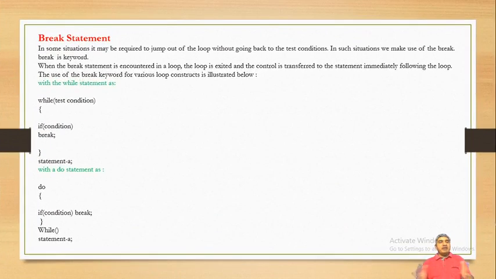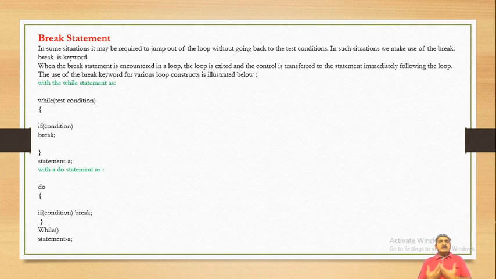Now the break statement. In some situations, it may be required to jump out of the loop without going back to the test condition. In such situations, we make use of a break statement. Break is one of the keywords, terminated with a semicolon.